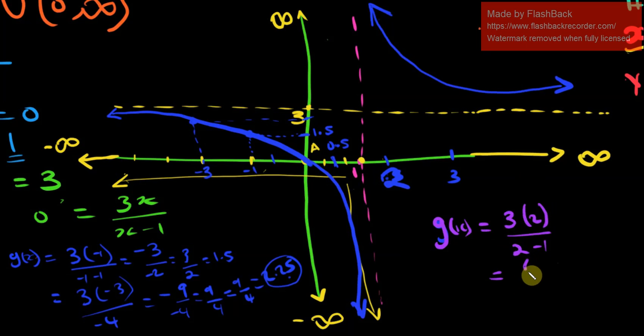So 6 divided by 1 gives me 6. So when x is 2, the value is 6.